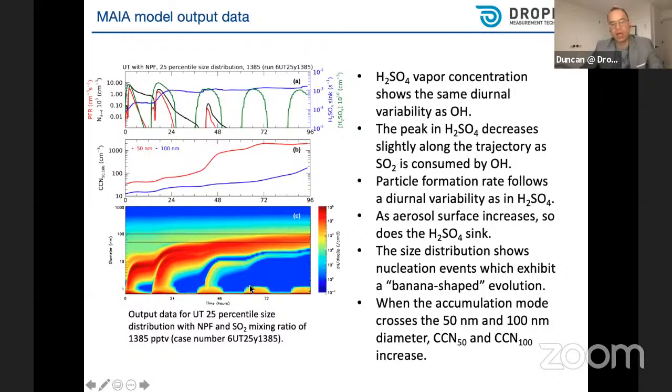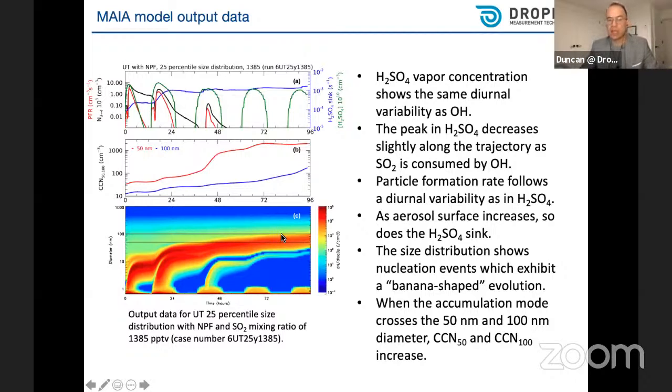Here you have clustering at the sub 1 nanometer size, but no growth. But over several days, you see that when we have particle formation in the beginning of the simulation, we end up with a size distribution that has a fairly high concentration, greater than 50 nanometer in size.